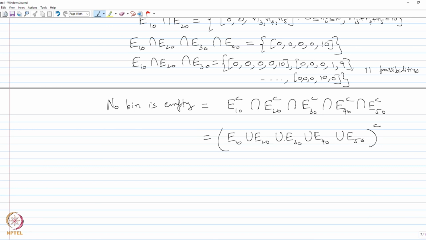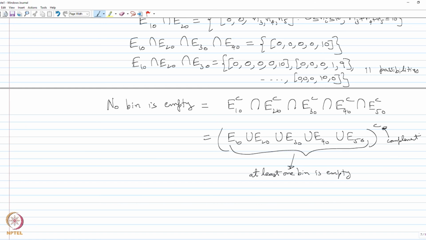It is: at least one bin is empty. That's the event inside the bracket. And then if you take the complement, what will you get? No bin is empty. So this is an illustration of how De Morgan's law works.